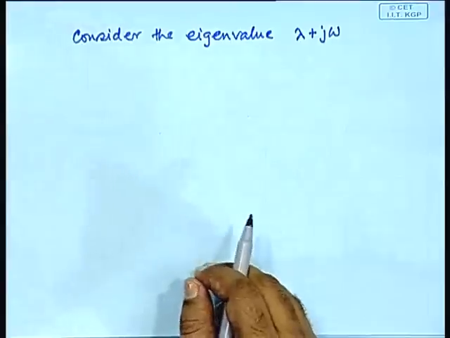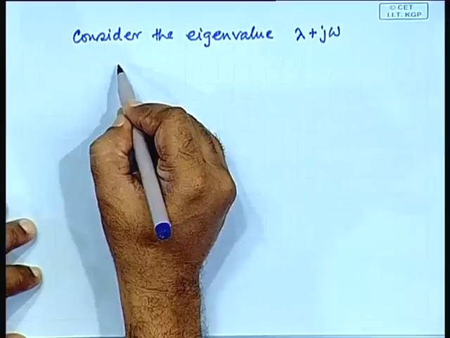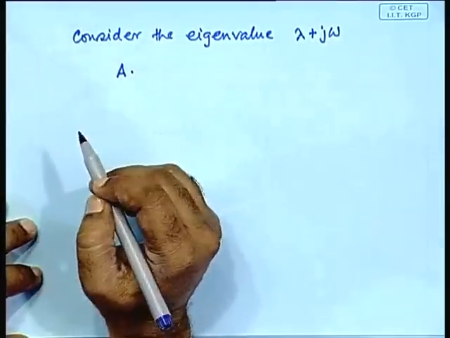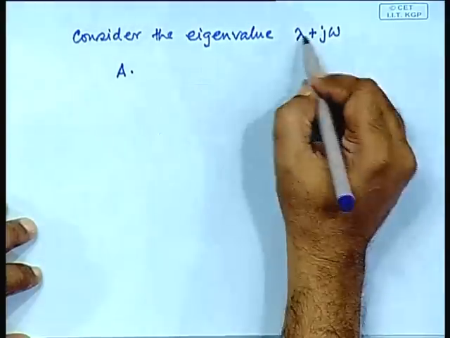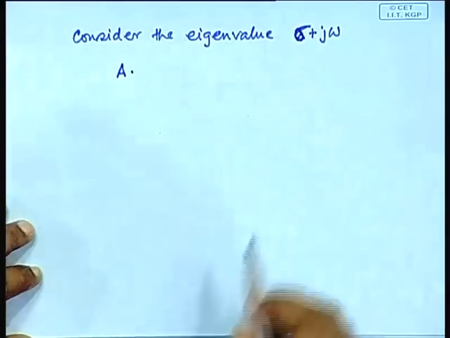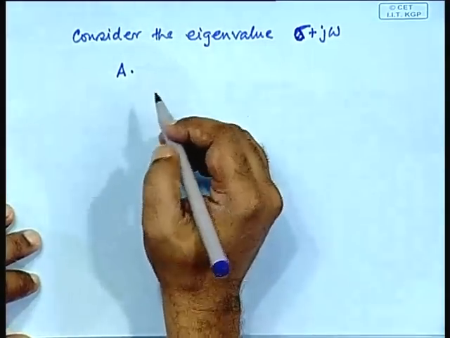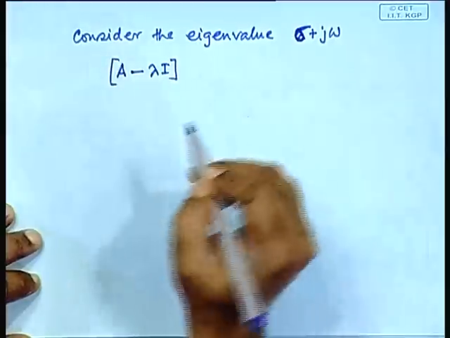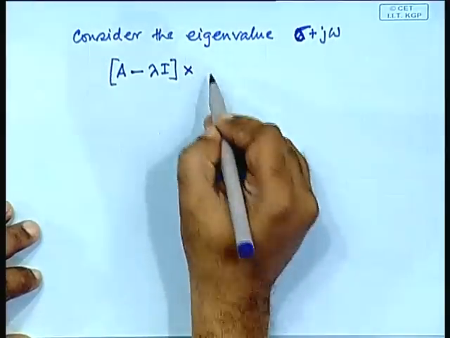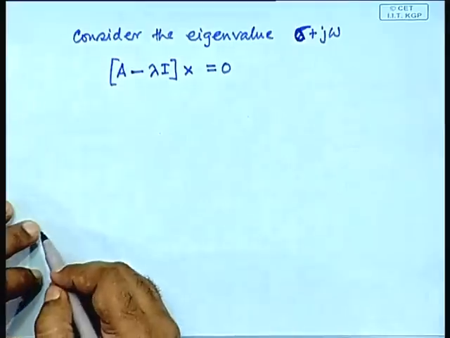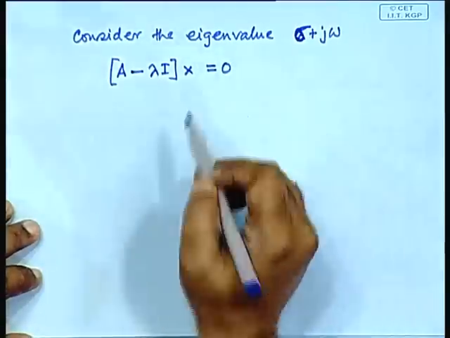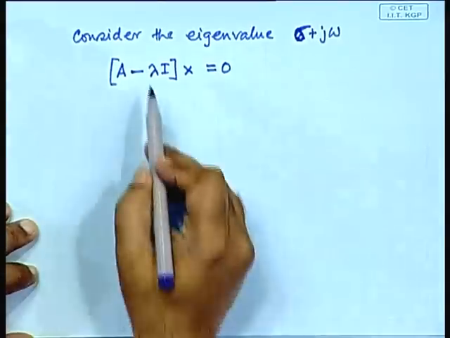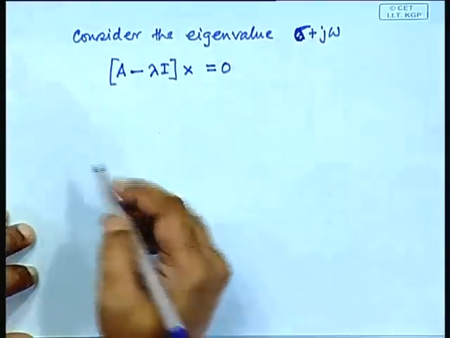What will be the corresponding eigenvector? The eigenvector will be obtained from the equation A minus lambda I times x is equal to 0. Sorry, lambda will be sigma plus j omega. That will be the eigenvector equation. So, write down the eigenvector equation for this particular eigenvalue, where lambda is sigma plus j omega.